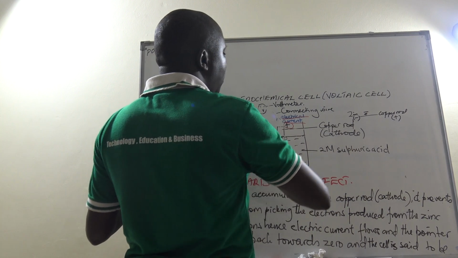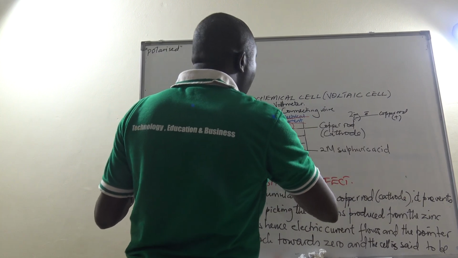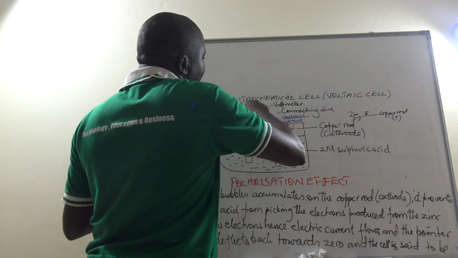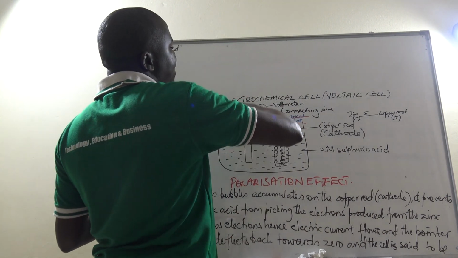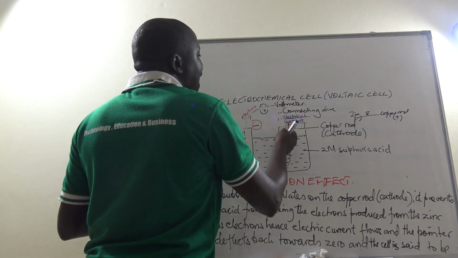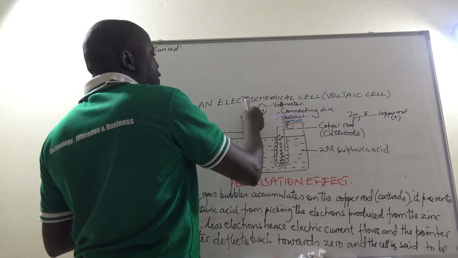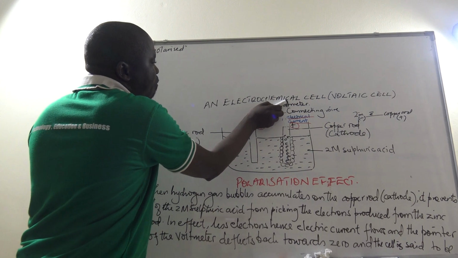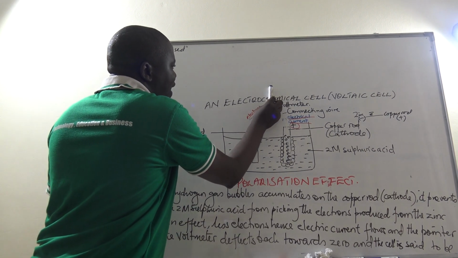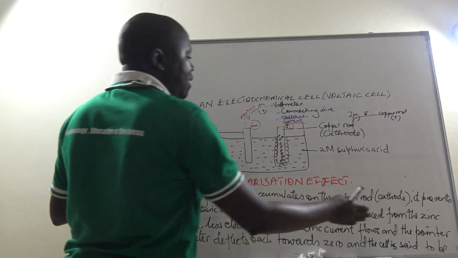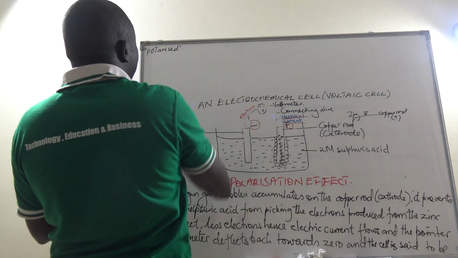There will be no continued removal of the electrons. So less electrons will flow, and even in effect there will be less current flowing. Electrical energy passing through the voltmeter will be less, and we see the pointer of the voltmeter deflecting back towards zero, and we say that the cell has been polarized.